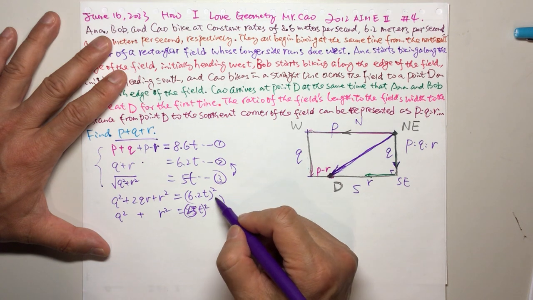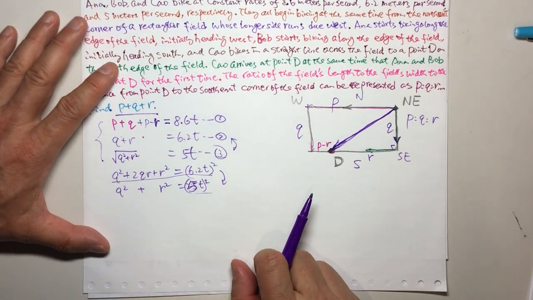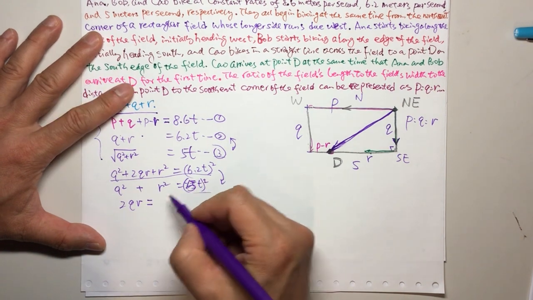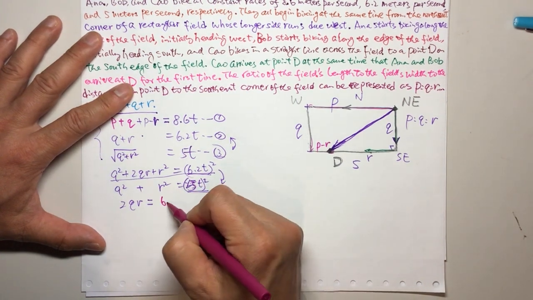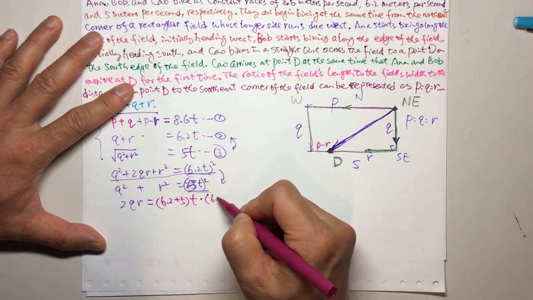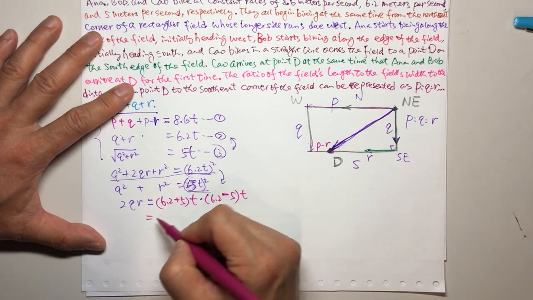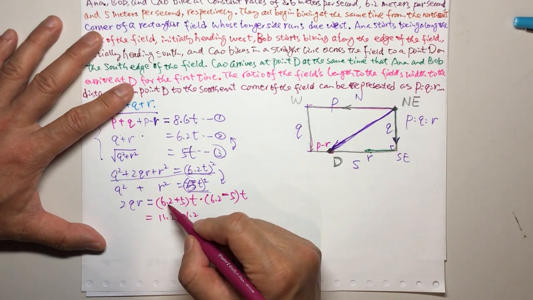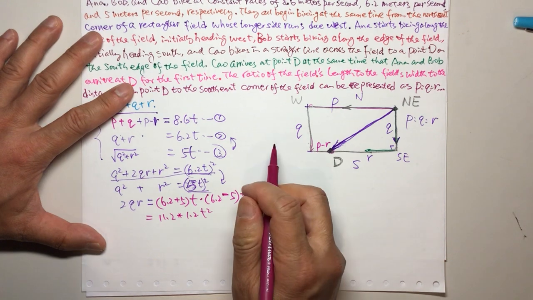And we can use the top minus the bottom. If we do this, we get 2QR equals a squared minus b squared. We can use (6.2t plus 5t) times (6.2t minus 5t), so it equals 11.2 times 1.2 t squared, right?